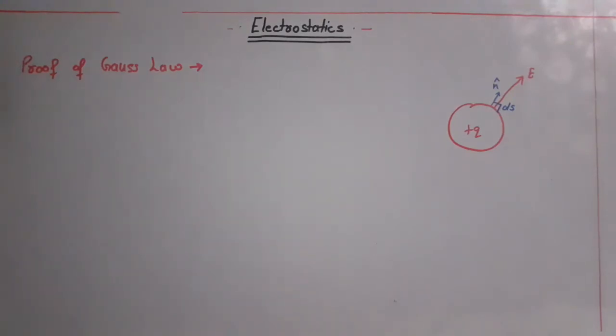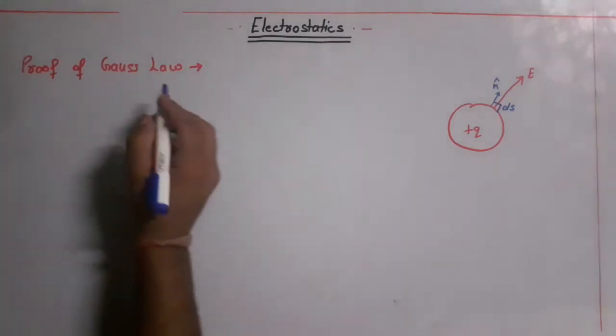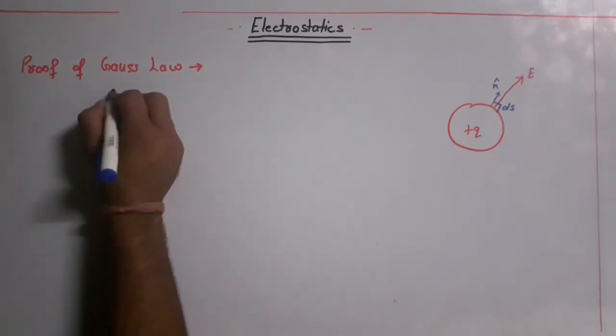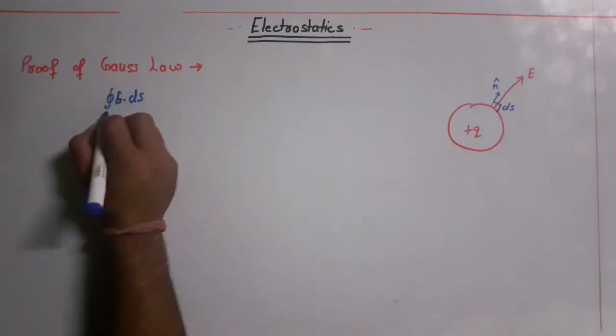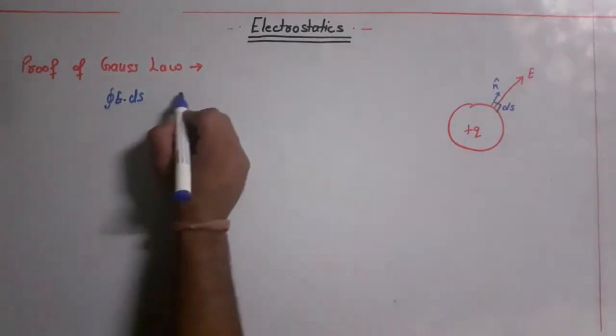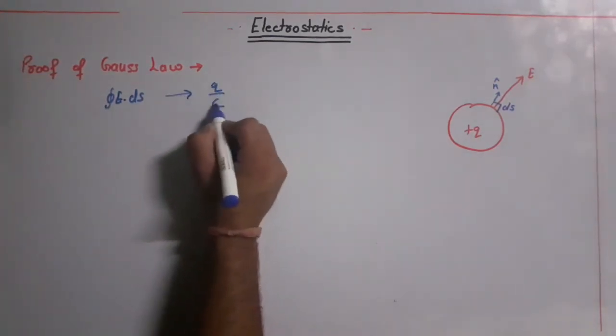We have to prove Gauss law, so we start from the integral of E dot ds, because this is the flux. We have to prove this flux is equal to q by epsilon naught.